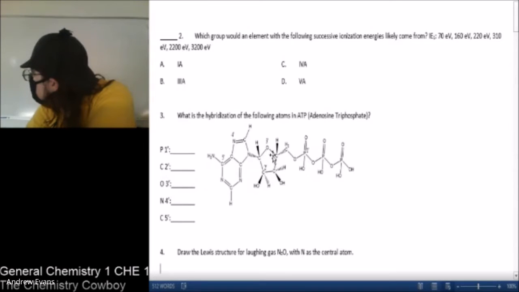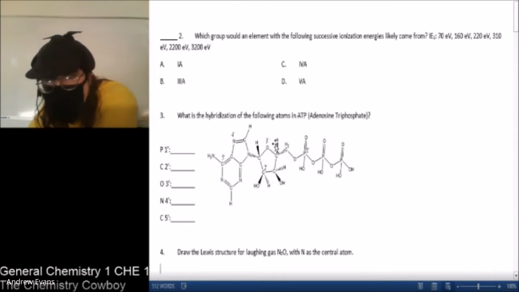Part of the thing here is you have to recognize how many electrons the guy should have. This phosphorus should have 5. 1, 2, 3, 4, 5. So that's good. The carbon should have 4. 1, 2, 3, 4. That oxygen should have 6 electrons. 1, 2, 3, 4, 5, 6. There are 2 unseen lone pairs.